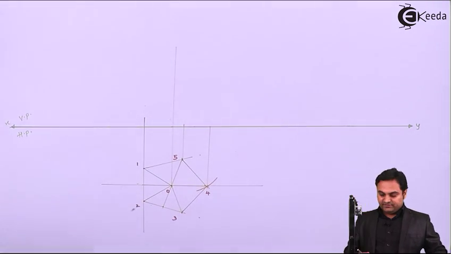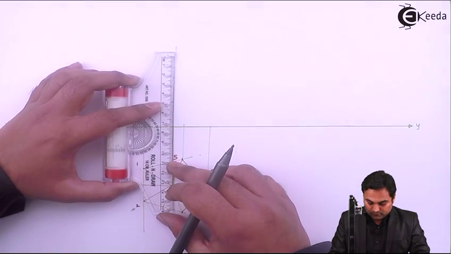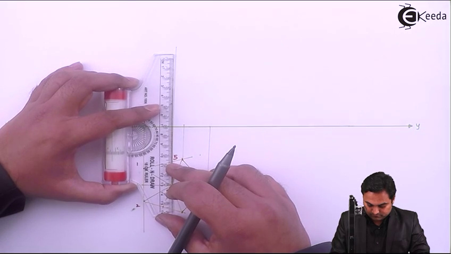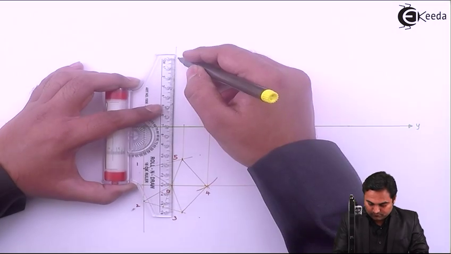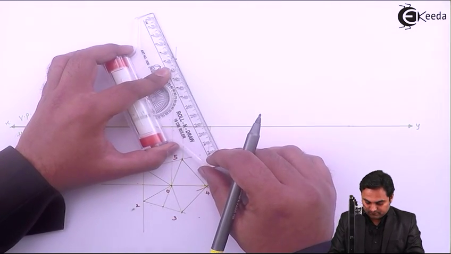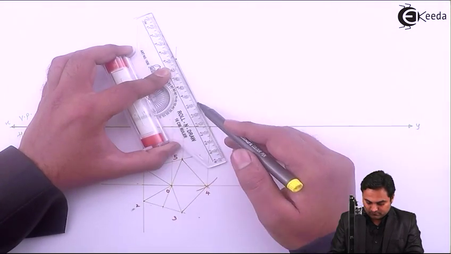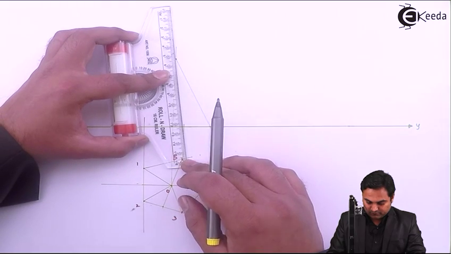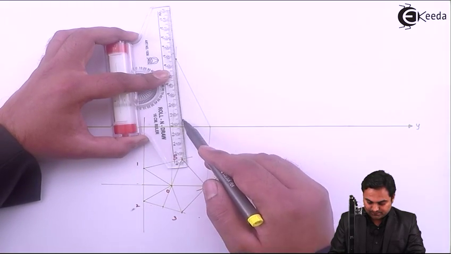Height is given as 70 mm. Measuring 70. Forming these slant edges.